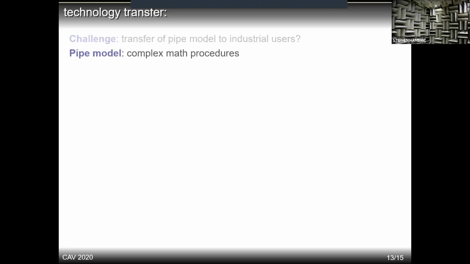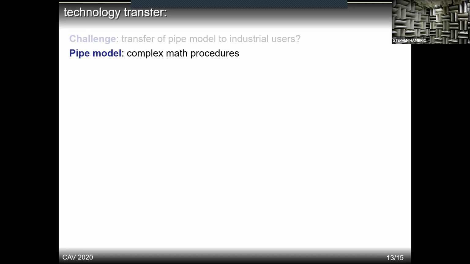At the end, I will address a topic which is, as a rule, disregarded by researchers, but which may be equally important as the research itself. This is the question of how to transfer the pipe model, which is required in these techniques described before, to industrial users.